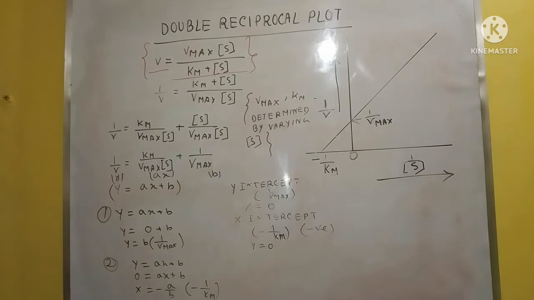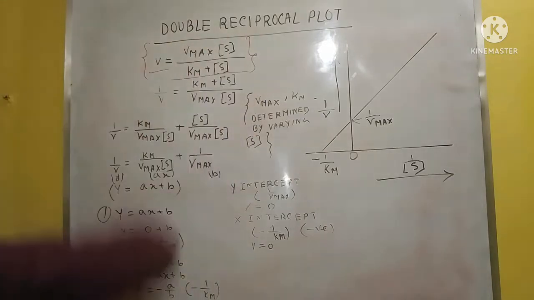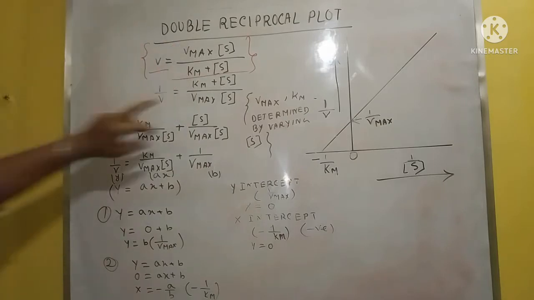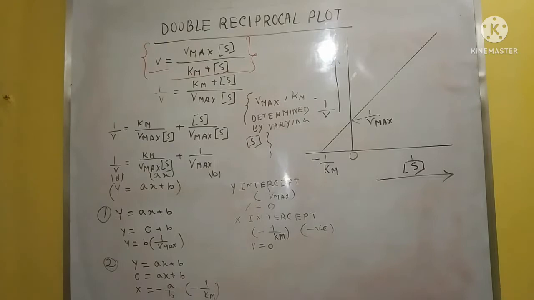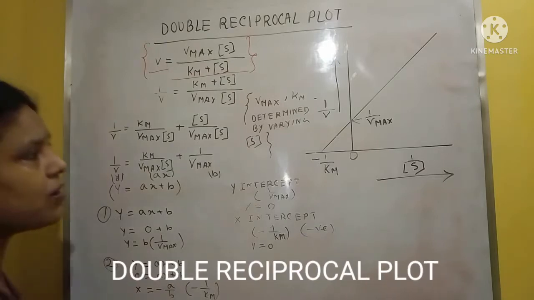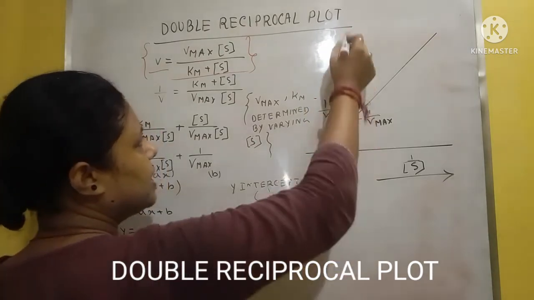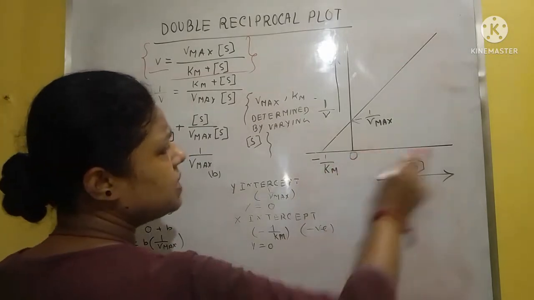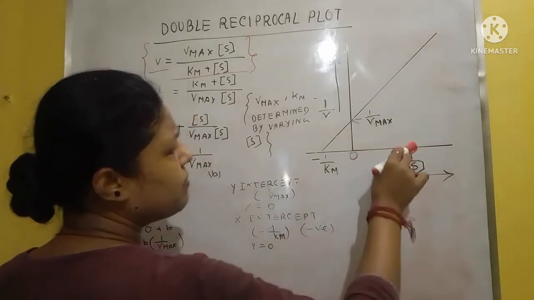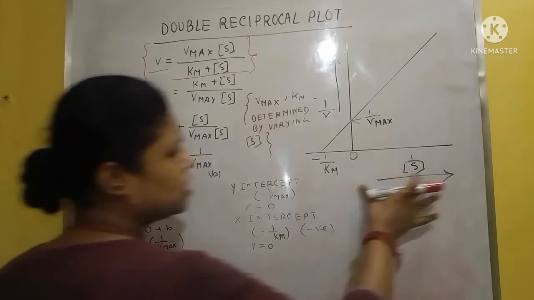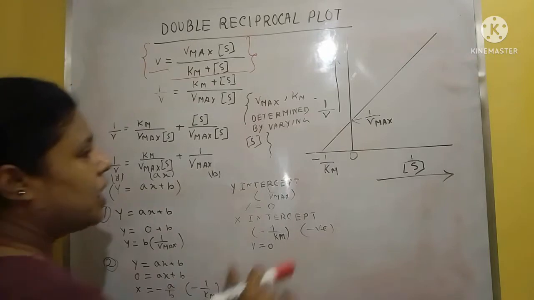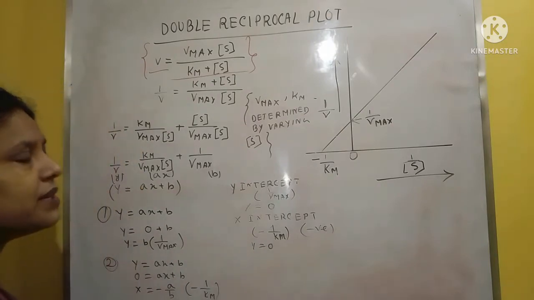First, this is the actual equation of the total relation of Vmax, V, Km and the substrate concentration. Before going to the double reciprocal plot, we learn about this graph here. On this side you can see 1 by substrate concentration. Actually we plot the substrate concentration reciprocally.